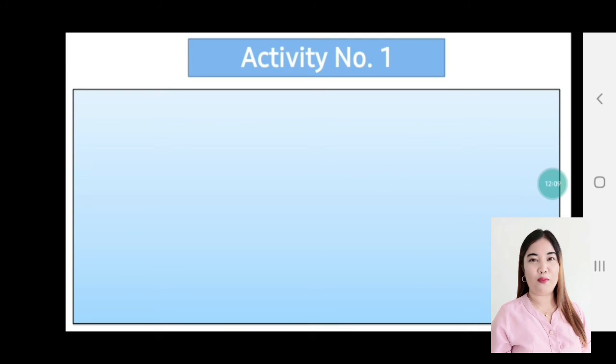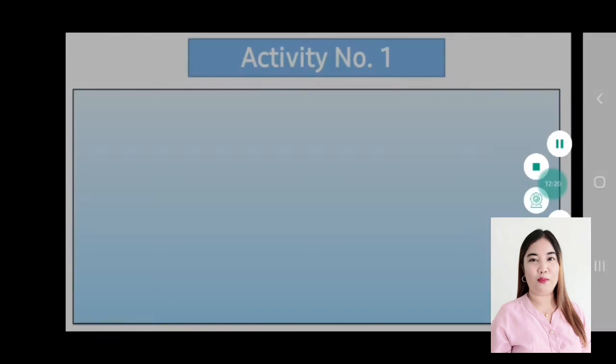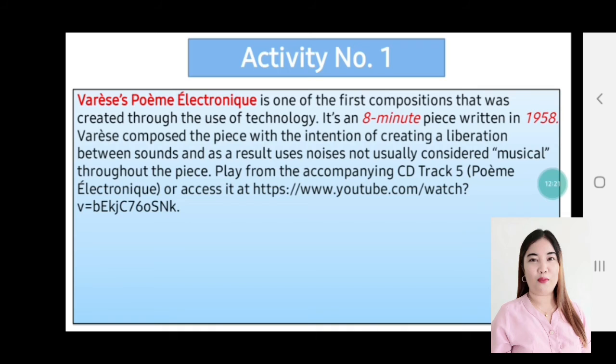Okay, so, here are the different activities that you have to do. For activity number 1, what you're going to do is to listen to an 8-minute piece written in 1958.